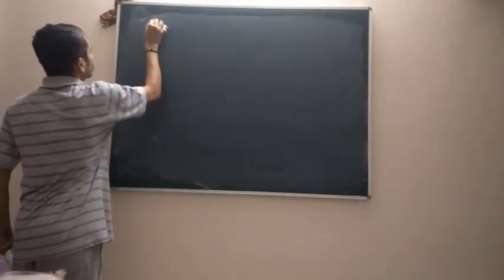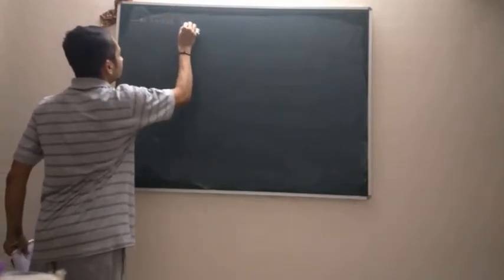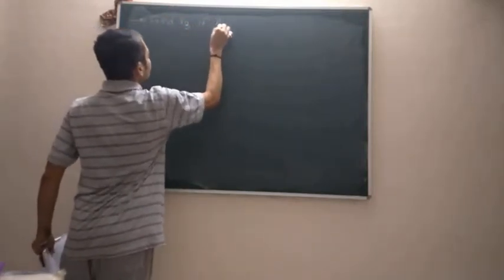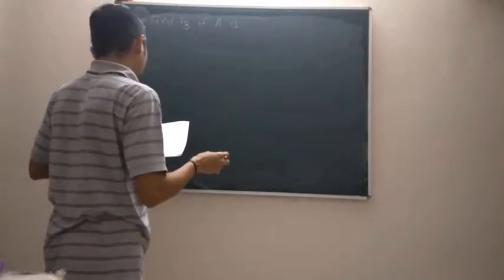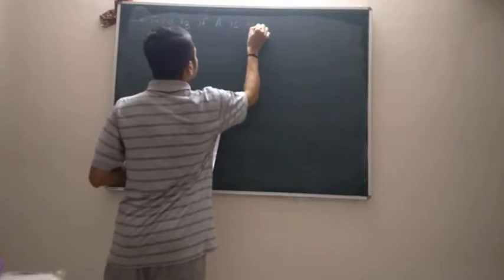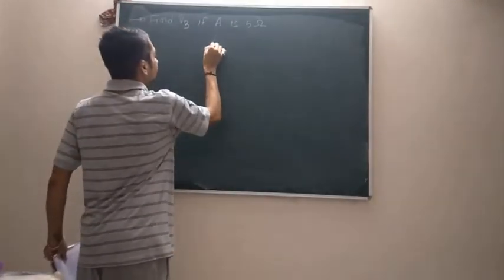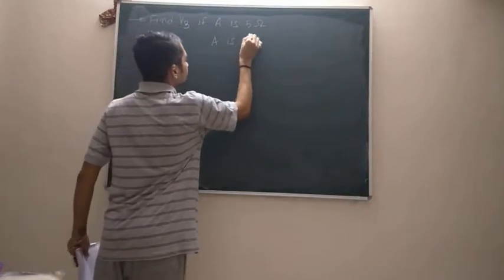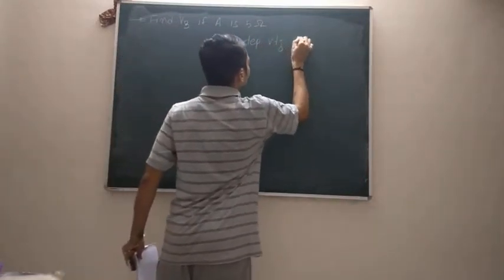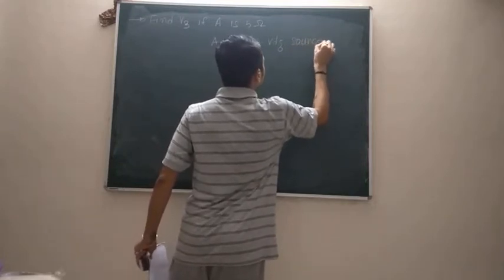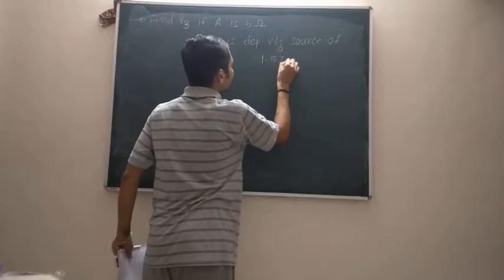So you guys write down: find V3 if that element A is a 5 ohm resistor, which is the first part of your numerical, and if that element A is a dependent voltage source of magnitude 1.5 times I1.